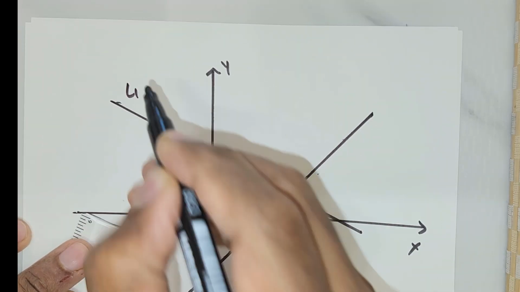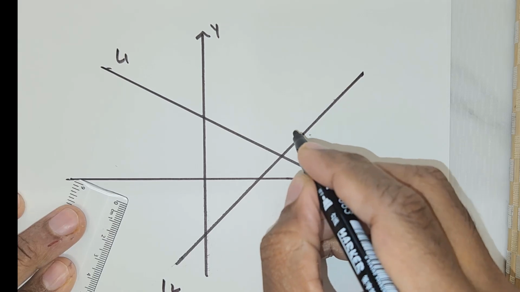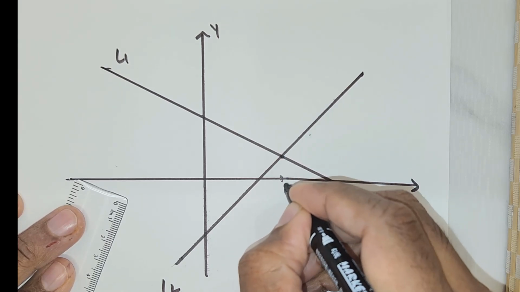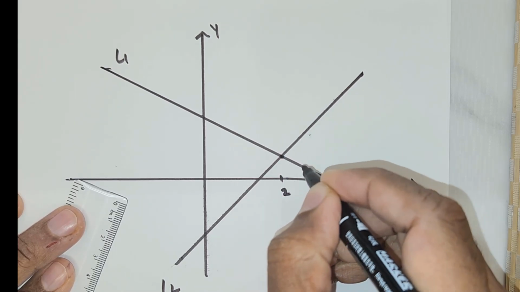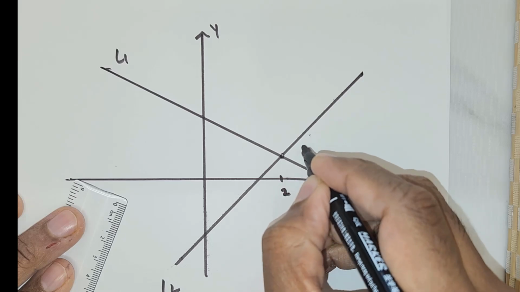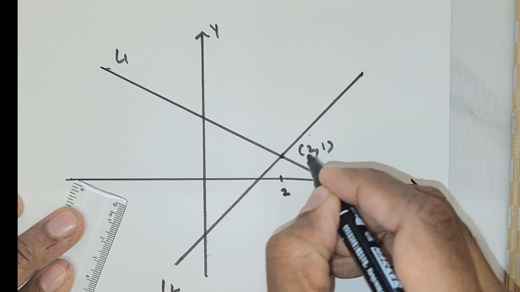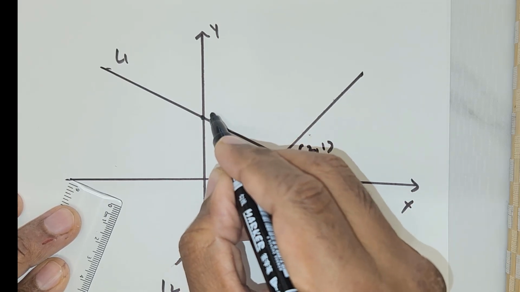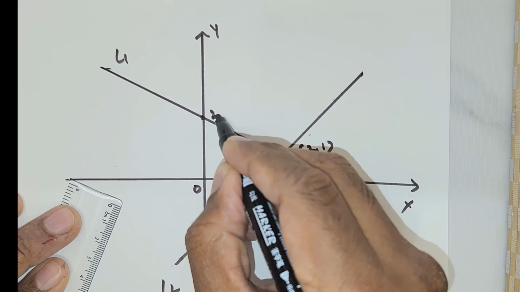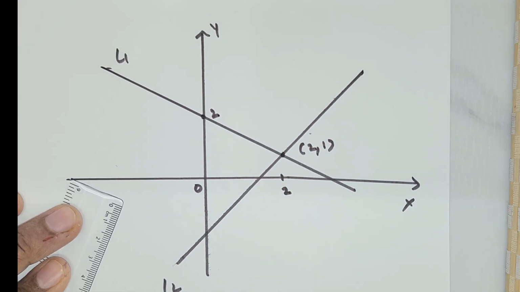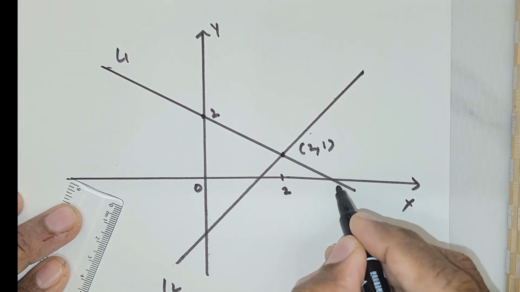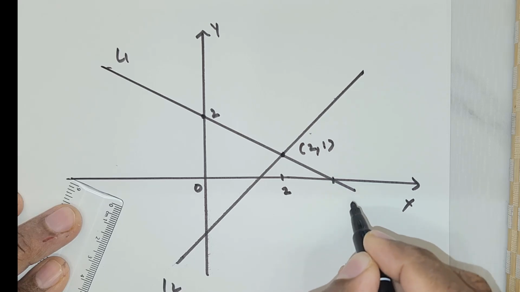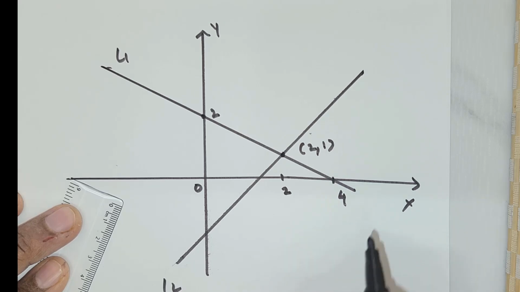So this line is L1, this line is L2. The point of intersection is (2, 1). This is the intersecting point, and the point where L1 hits the x-axis is 4.